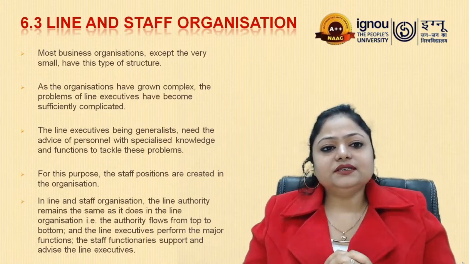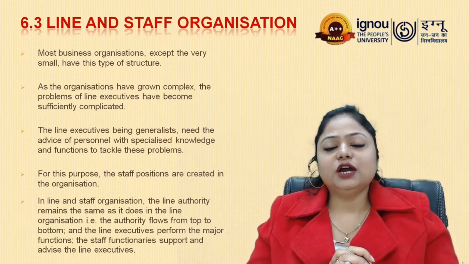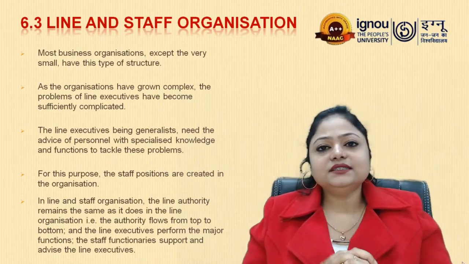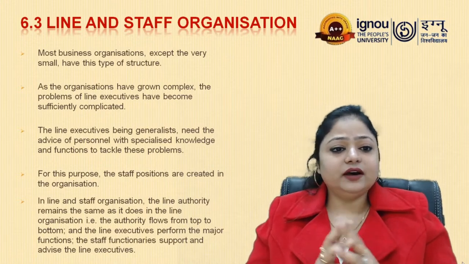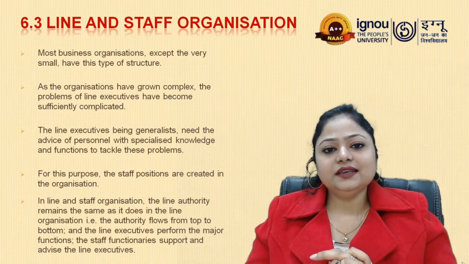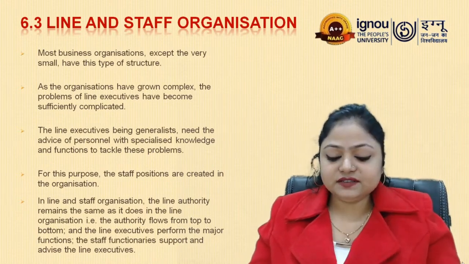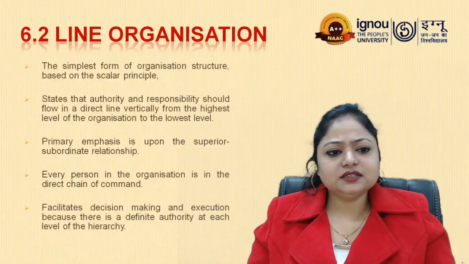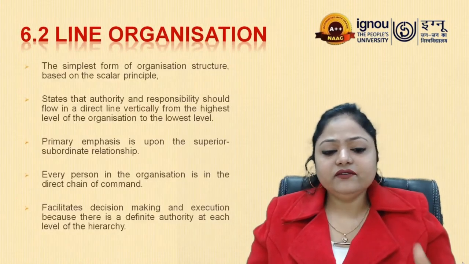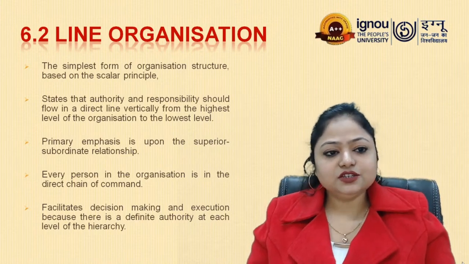Most business operations, except very small ones, have this type of structure. As organizations have grown complex due to environmental complexities, the problems of line executives have become sufficiently complicated. As we see, the line structure is a very simple format and everybody knows whom to report to, and this is the basic organizational structure.